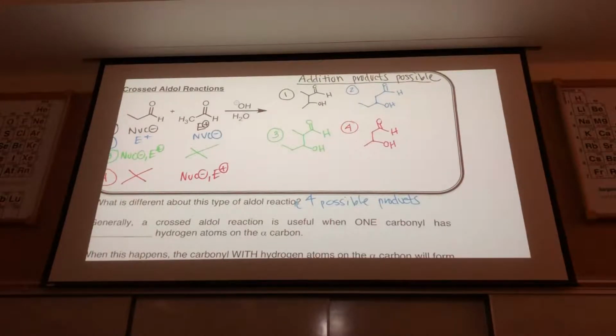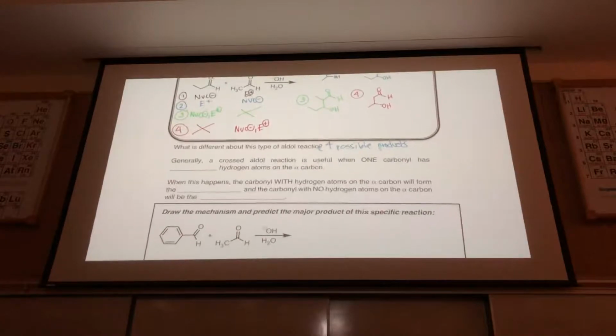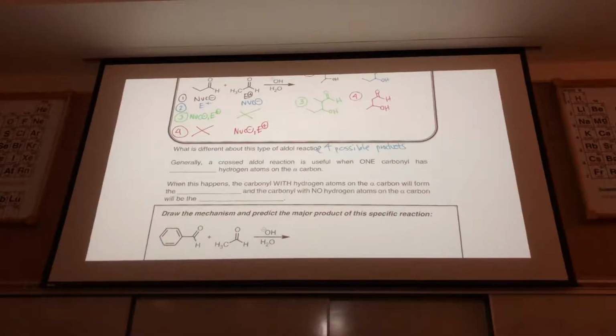We're not even talking about stereocenters. That's a whole other ballgame. We're just talking about isomers that are constitutionally related in some way. So a crossed aldol reaction is very useful because you want to be able to mix and match two different things, but you want to favor fewer products.